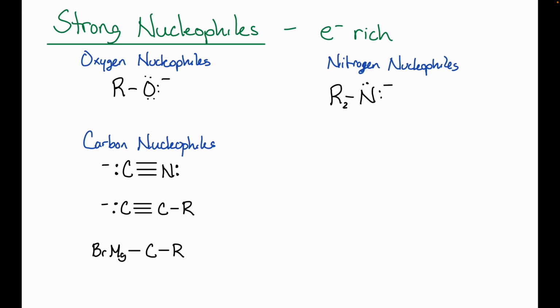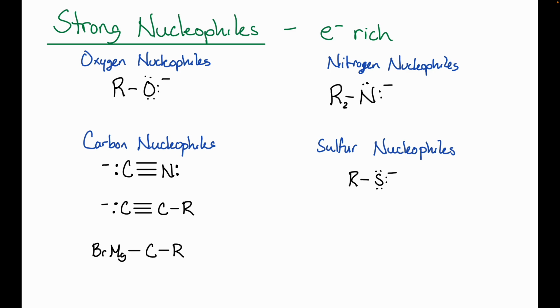Okay, so anytime we see oxygen with a negative charge or nitrogen with a negative charge, those are strong nucleophiles. Carbanions are pretty rare, but we've got a few special cases here, as well as our new fancy Grignard reagents. All right, and then lastly, we also see sulfur nucleophiles. The one thing to note about sulfur nucleophiles is that they can be negatively charged.